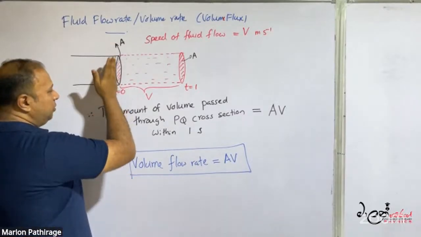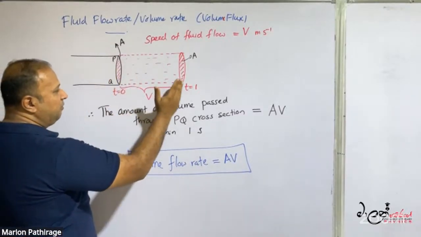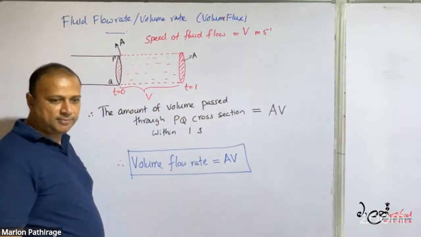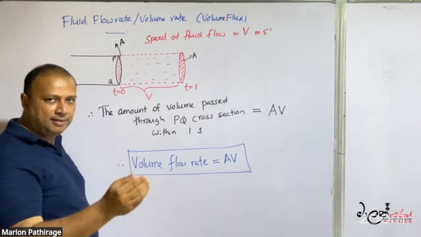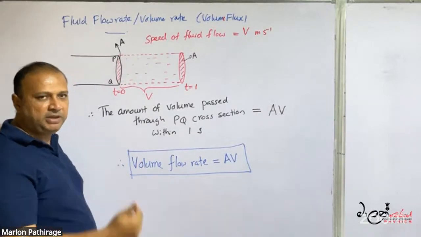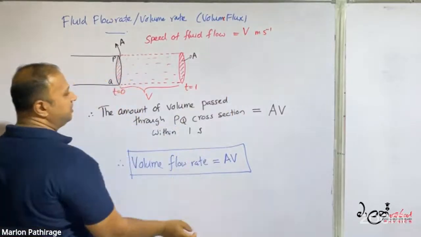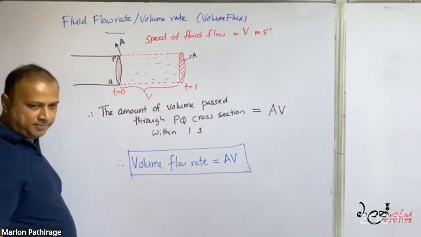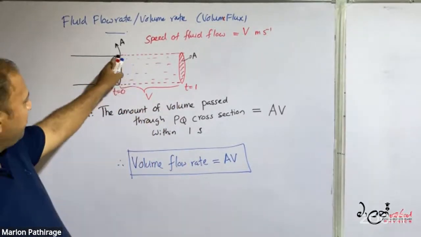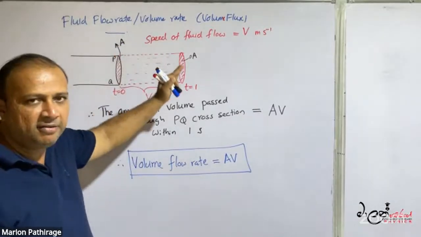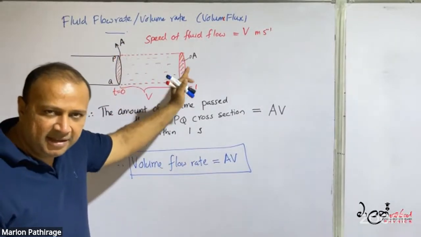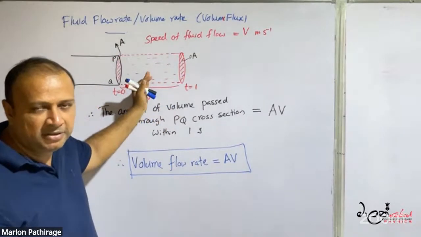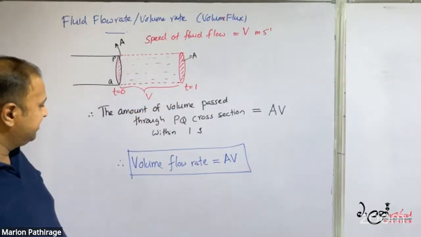At t equals 0 it was here, and at t equals 1 it must have moved V distance, because its speed is V m/s, which means V meters per second. So this is the amount of water volume flowing within 1 second. That is the volume flow rate.